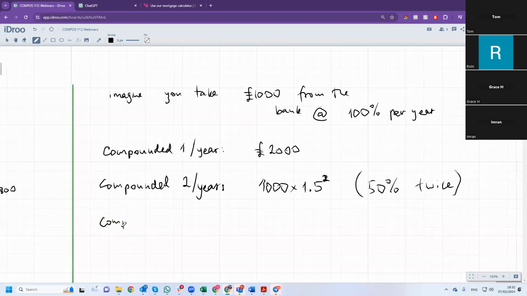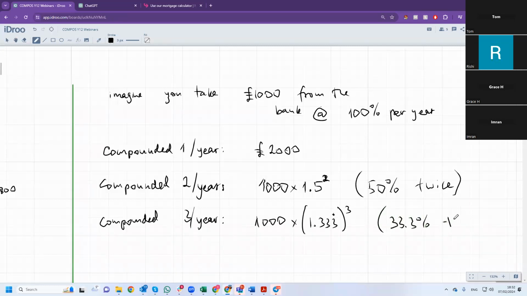If it's compounded 3 times per year, it would be 1,000 times 1.333 recurring to the power 3. So it's 33.3% thrice.